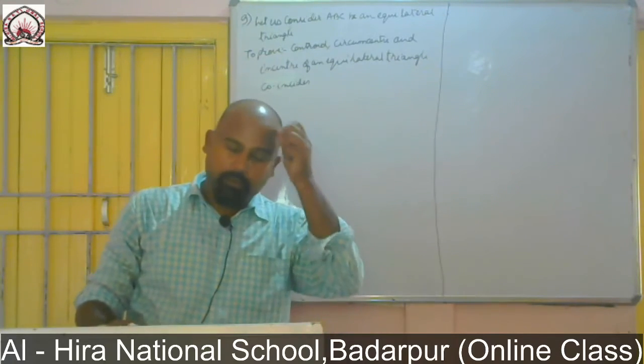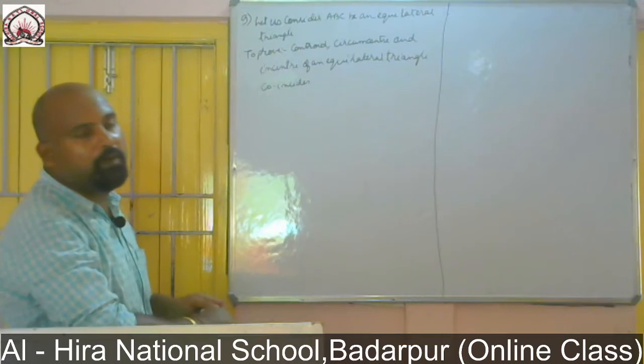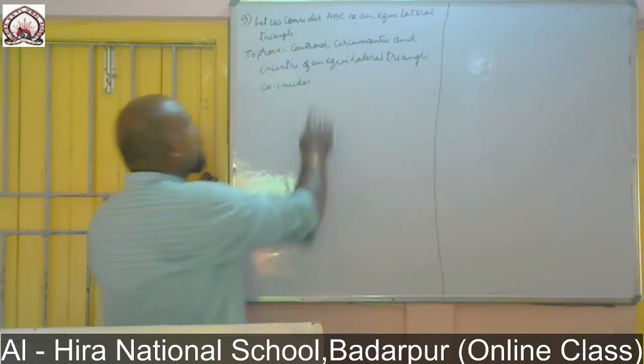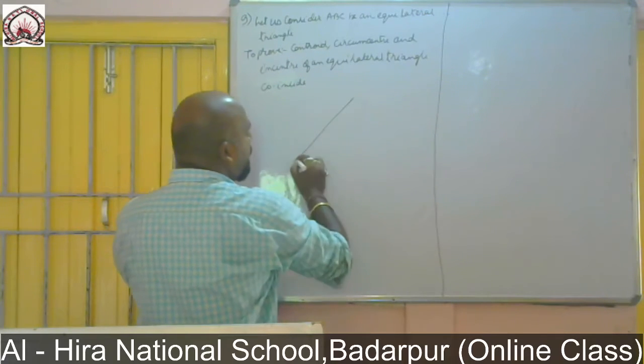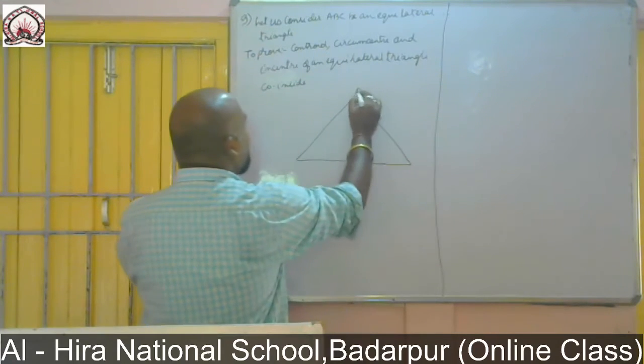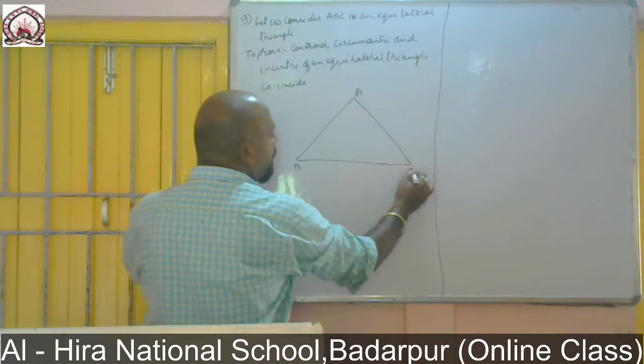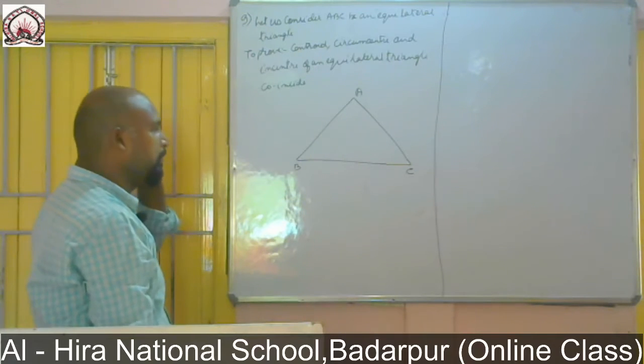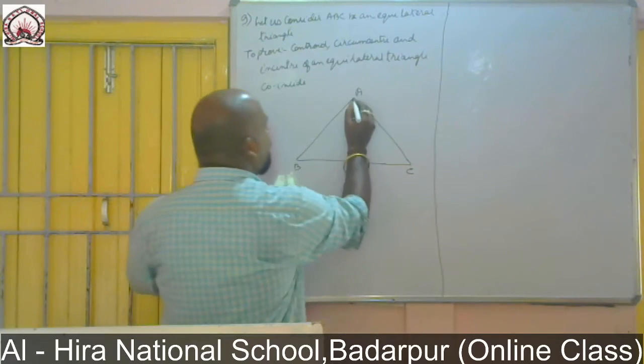Coincides means they pass through the same point. Okay. Now let us take this as ABC. Let us take ABC as an equilateral triangle. Okay.